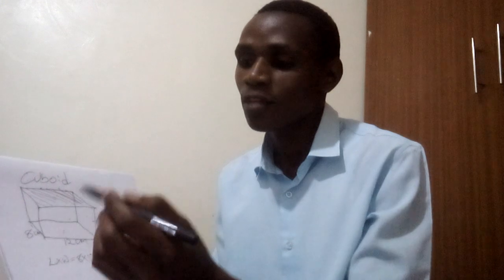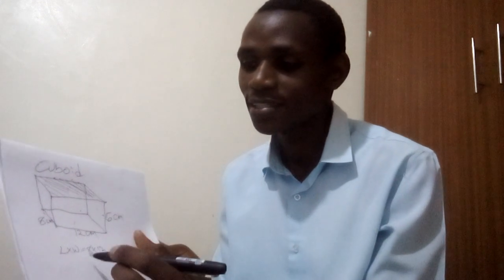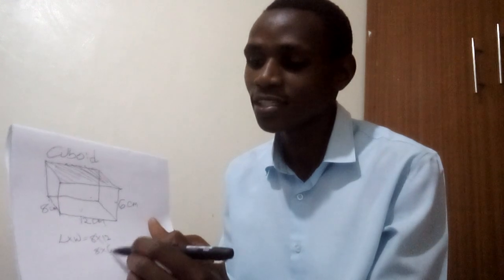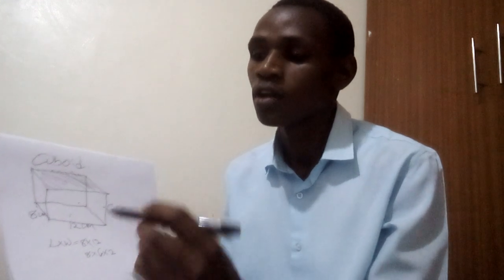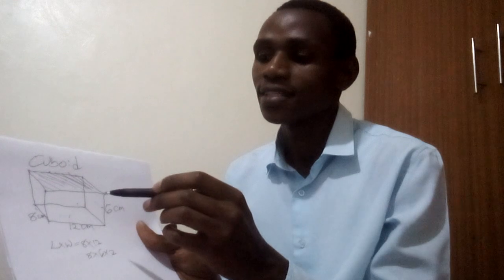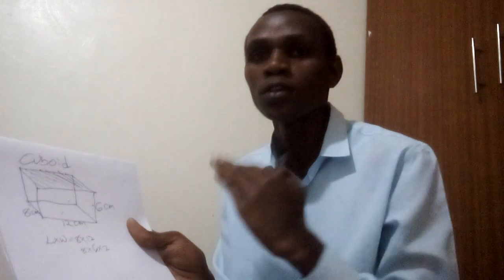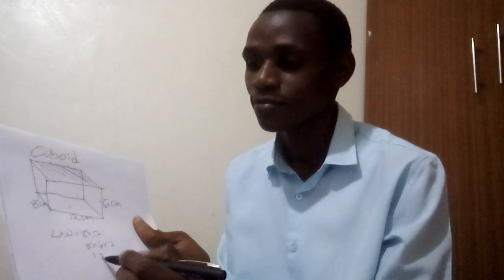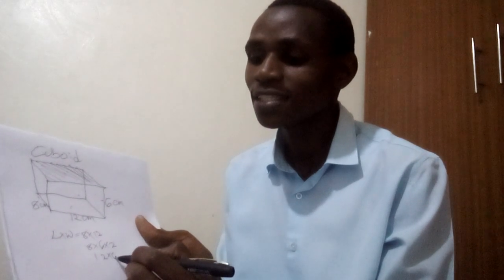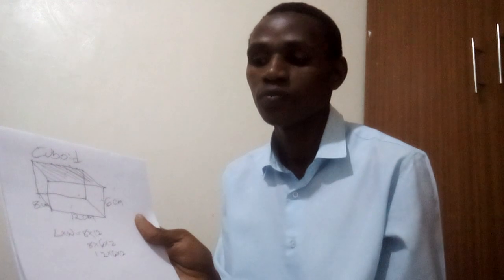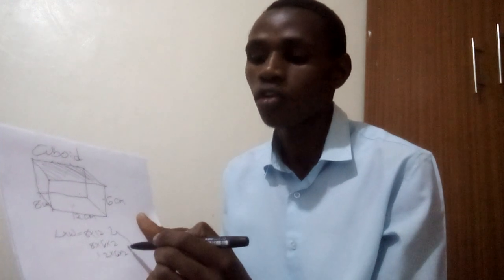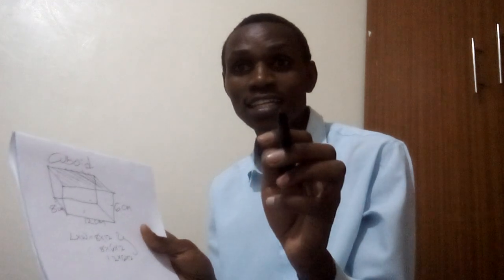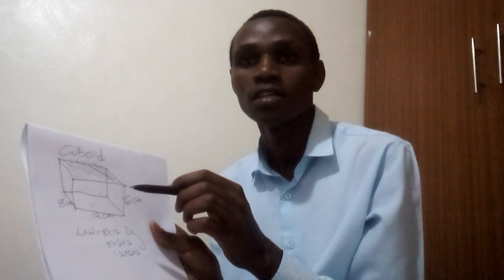Then for the sides, it's 8 multiplied by height, which is 6, and then multiplied by 2 because it's both sides. Then front and behind, which gives us 12 multiplied by 6 multiplied by 2. Then you add all this together, and that is the surface area of the cuboid.